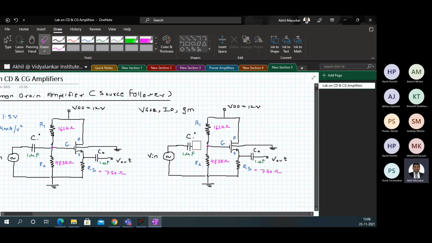So this circuit actually becomes like this. There is nothing much left in the circuit. So this is your DC circuit.